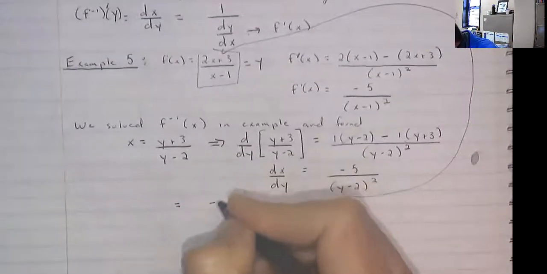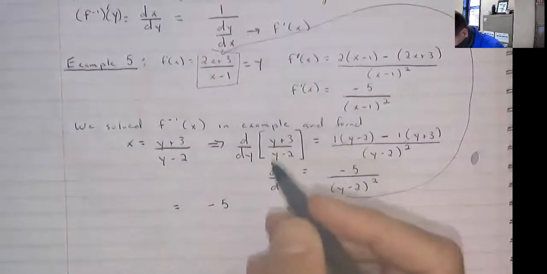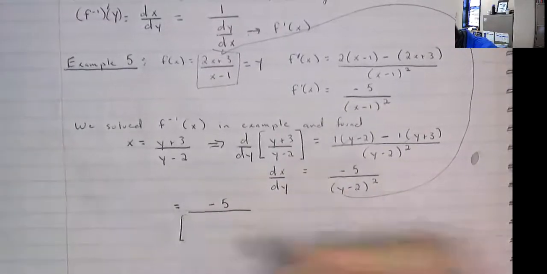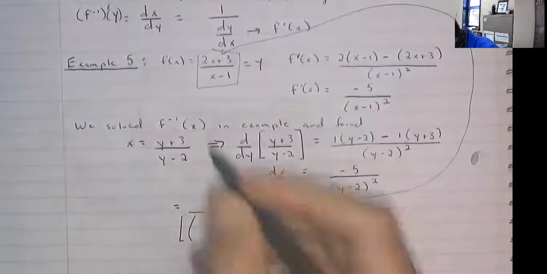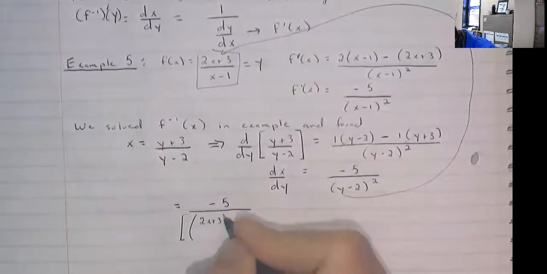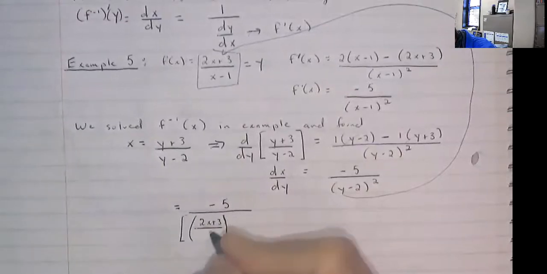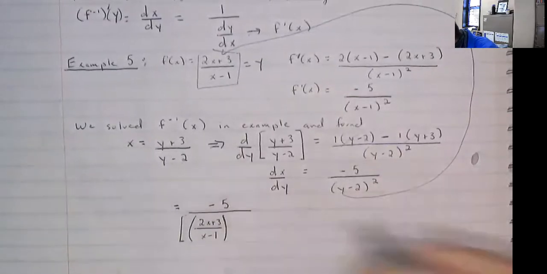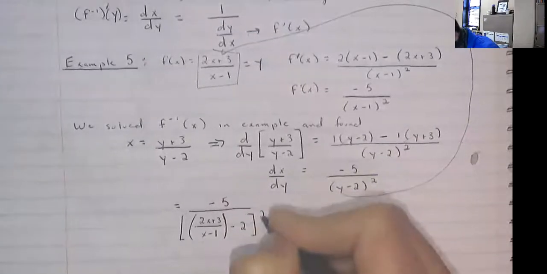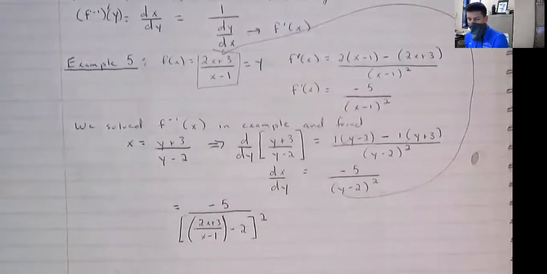So negative 5 over y, we're going to plug in the function f for y, 2x plus 3 over x minus 1, minus 2, squared. Yuck.